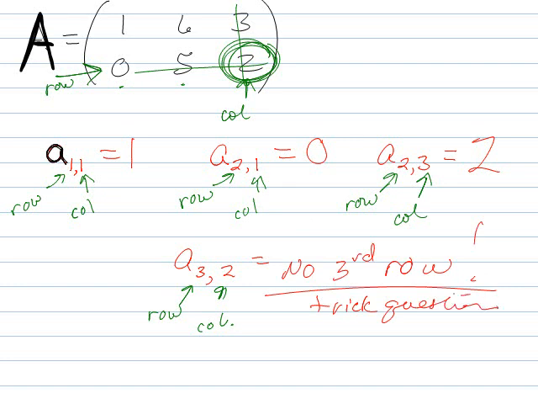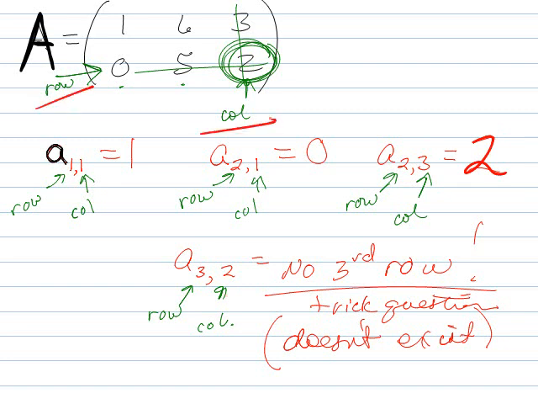Doesn't exist. There is no a3,2. But there is a2,3, right? a2,3 was 2. a3,2 doesn't exist. Okay, so it is very, very important that you always remember we first start with our rows and then our columns, because if you get them out of order, it's just going to be inordinately terrible.